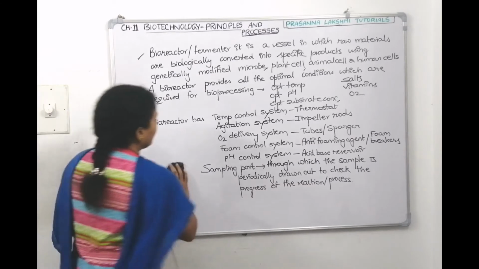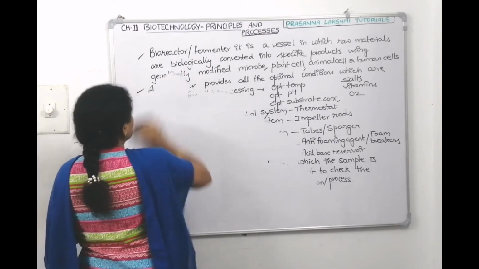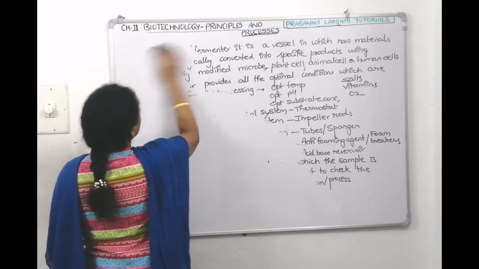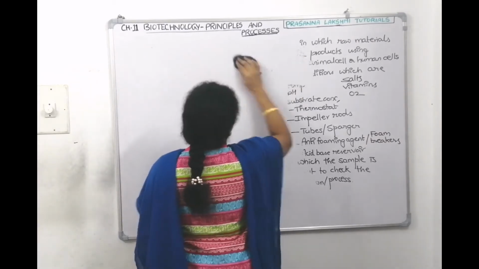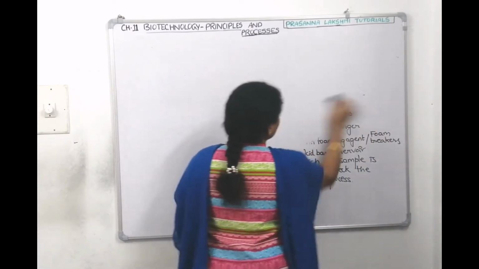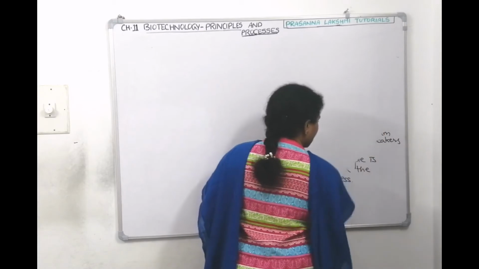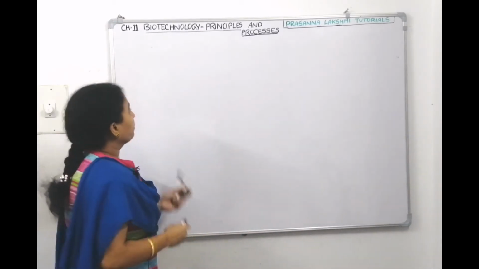Right. So the last topic in this chapter in NCERT, they have given us 11.3.6, which is called downstream processing. Now you understood what bioprocessing is?